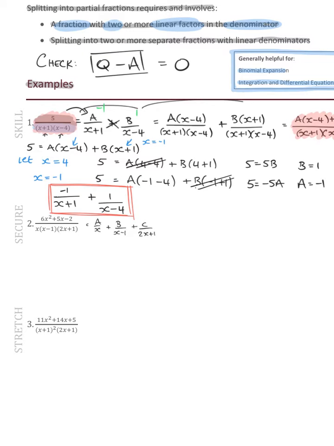Okay, so therefore our next stage is to go a times by 2x plus 1 times by x minus 1 is now all over x minus 1, 2x plus 1. Plus b is going to be times like this, so bx 2x plus 1.